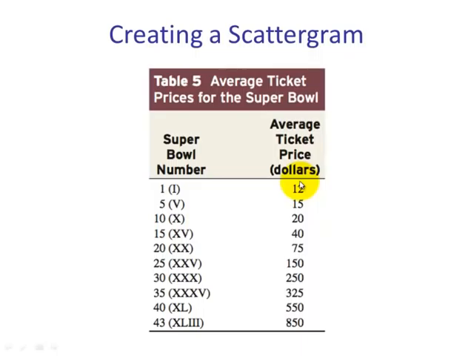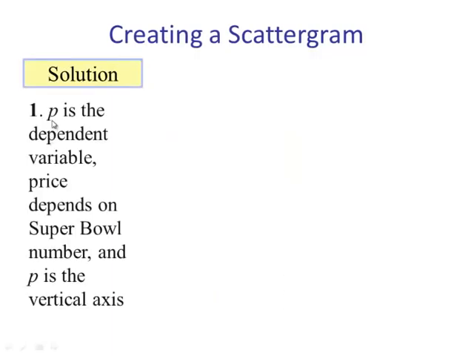Let's look at the raw data. So here we have table 5. This is the Super Bowl numbers, our independent variable. Here's average ticket price measured in dollars, our dependent variable. And what we're going to do in the scattergram is look at the relationship between these two variables. P is the dependent variable.